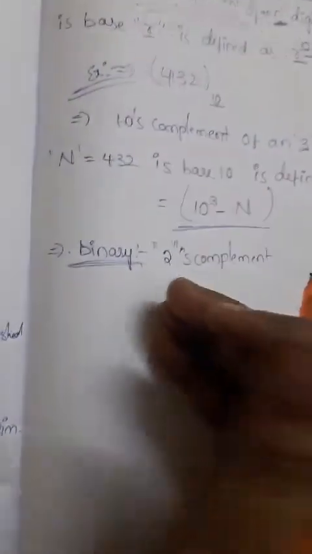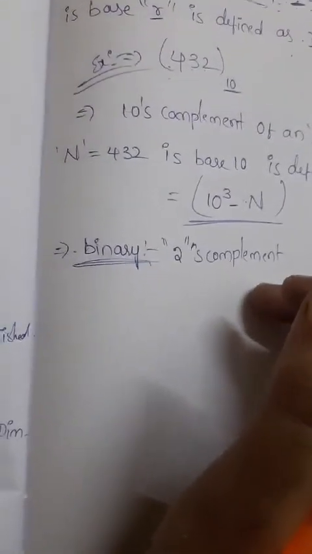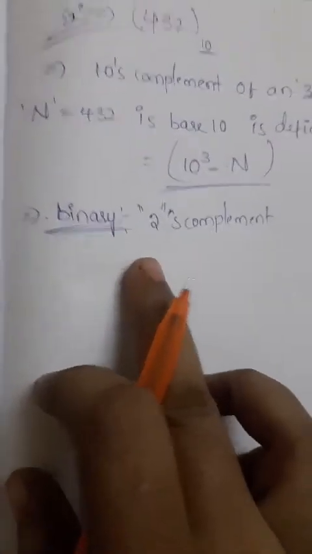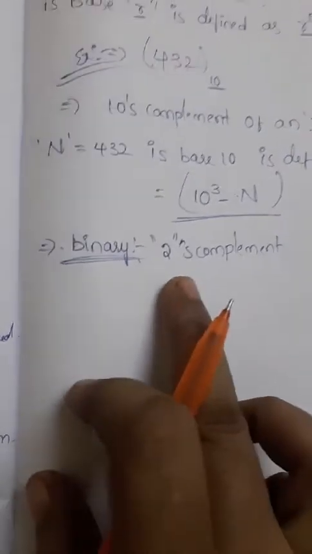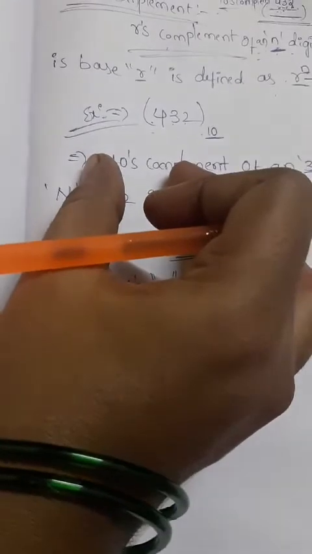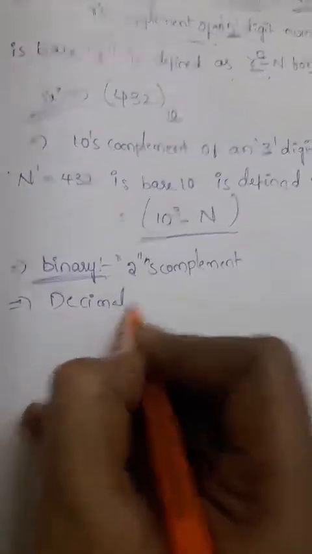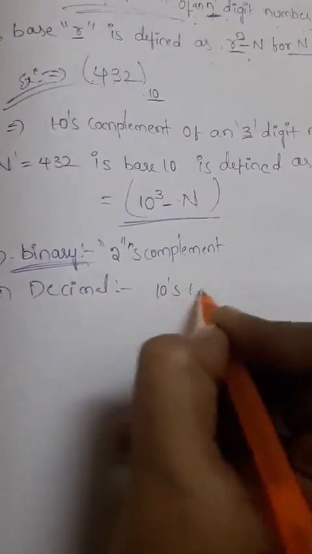Already we know R is always the base of any number system. So for binary we get the 2's complement. Now I am going to see what the 2's complement is and what the 10's complement is. This is for decimal, so I can write here for decimal also. Decimal gives the 10's complement.